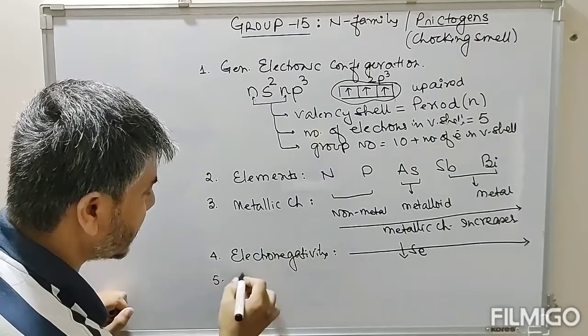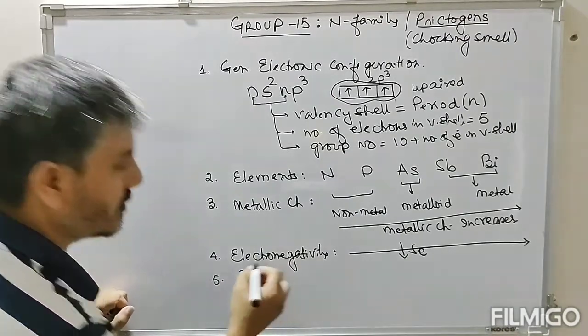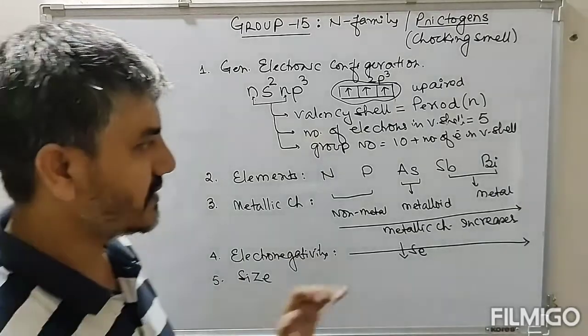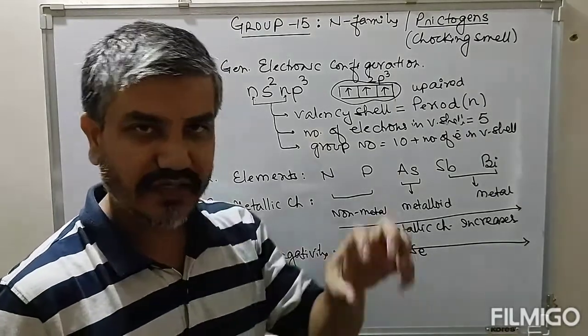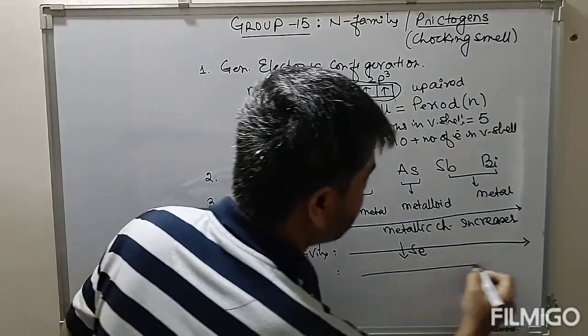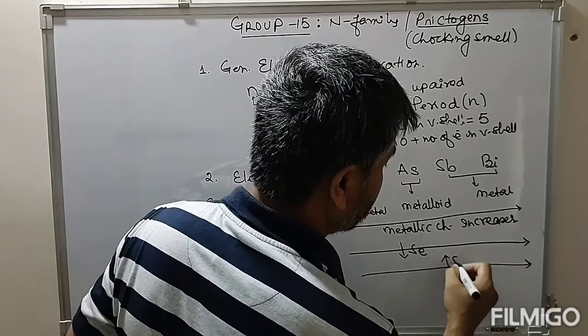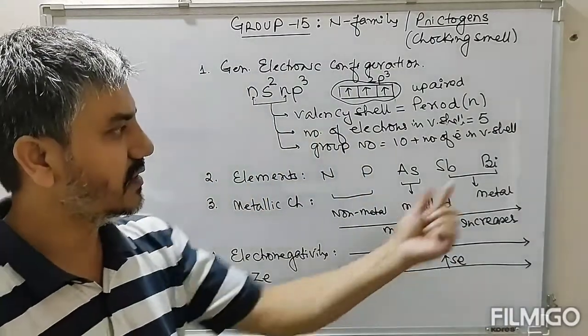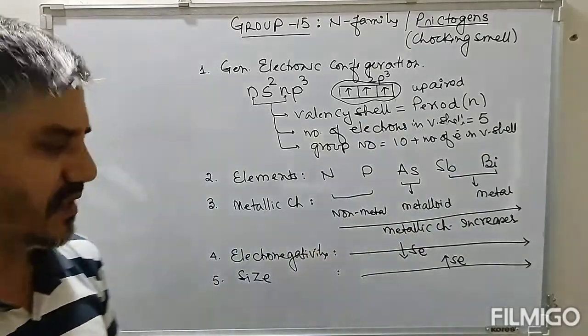Now coming to the size. Moving down the group, size increases due to addition of an extra shell. The radius or the size of these elements increases down the group. So the largest size among the group 15 elements is bismuth.